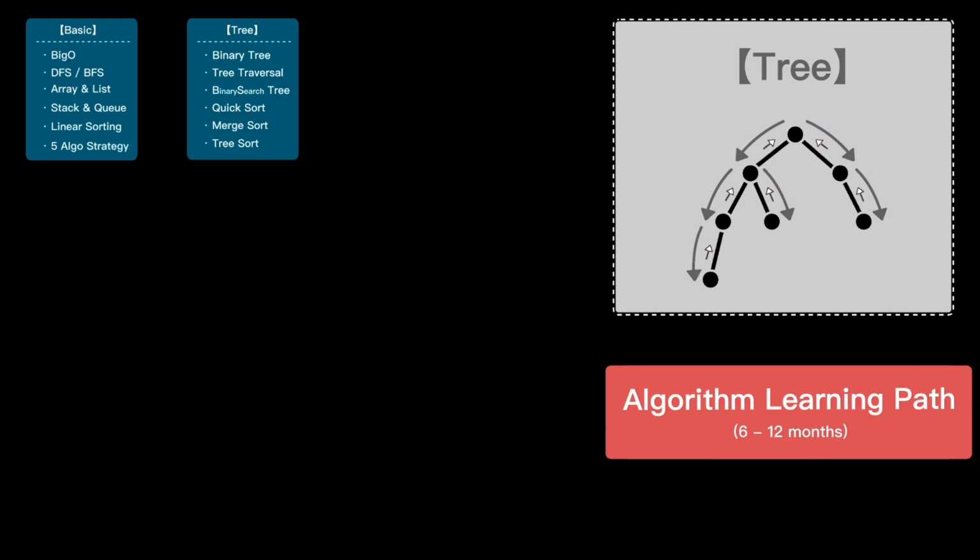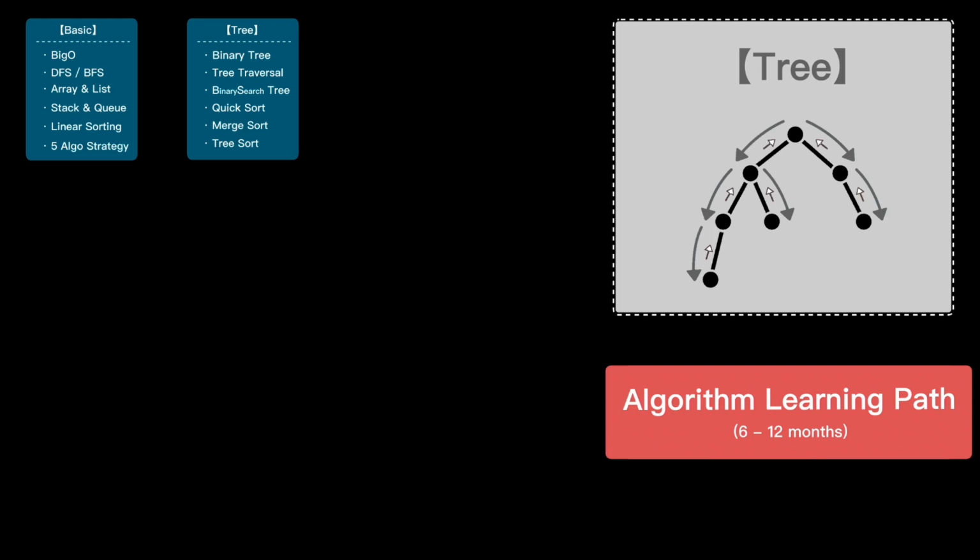With the understanding of Big O, you understand why you should learn binary tree and use binary search tree. With the understanding of binary tree, you can now implement more complex sorting algorithms, quicksort, merge sort, and tree sort, which give you an even quicker sorting algorithm compared with the previous linear sorting, such as bubble sort. So now we also finished the learning of the tree chapter.